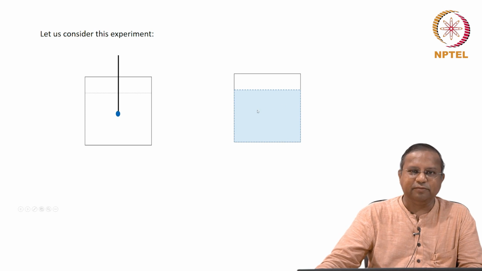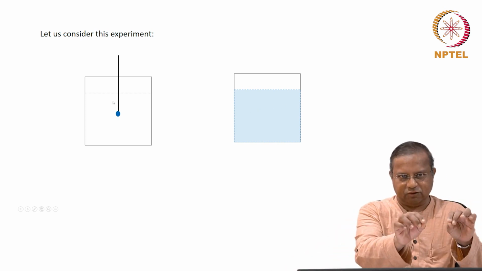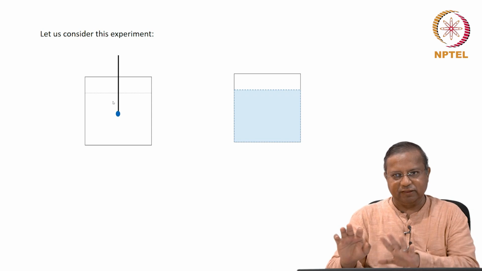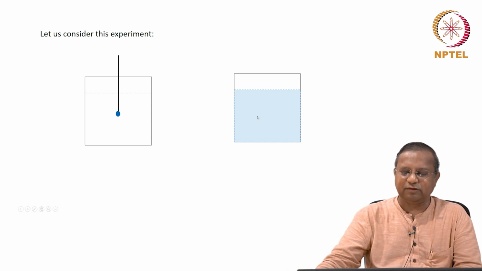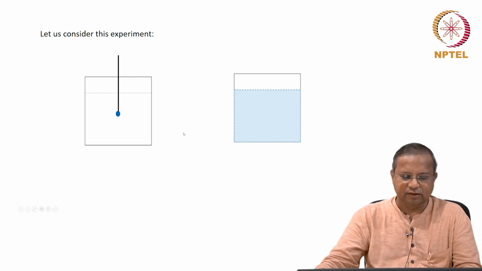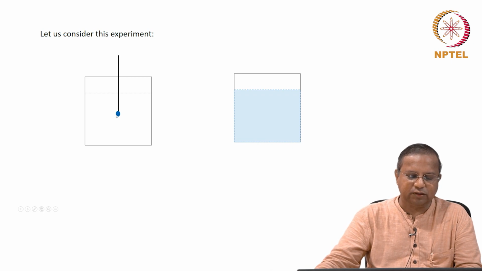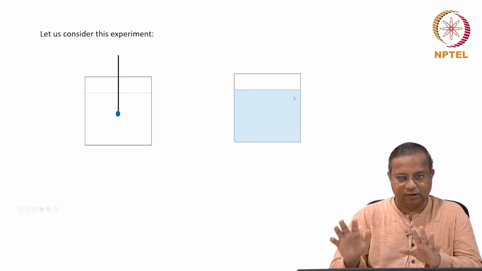After a long time, if you just leave it aside, and then come back after some time, a long time, and check, the drop of ink would have uniformly distributed across the entire liquid, just by sitting still, and therefore something has moved the ink droplets or ink molecules from the point of its release to the entire liquid. The liquid is stationary, the liquid is still.